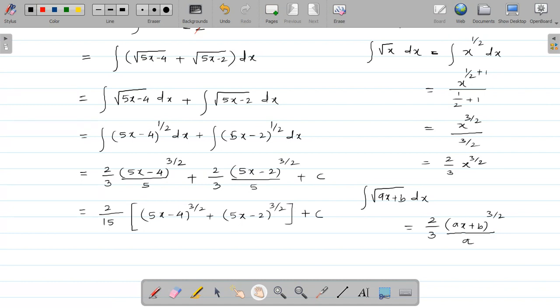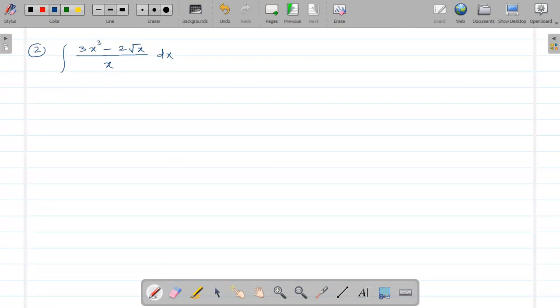Okay, now the next example is we have to evaluate the integration of (3x cube minus 2 root x) upon x, where the common denominator is x. Now see how you will evaluate this. First of all, we will take the separate denominator here.